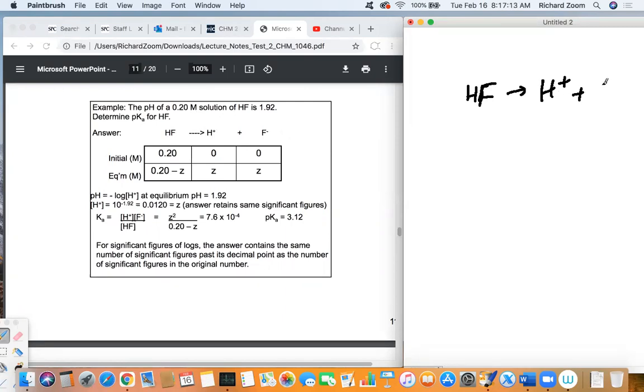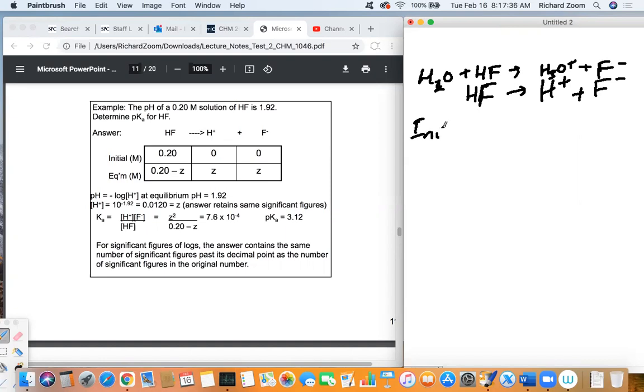But if I'm forming H plus here, then the rest of it has to be F minus. The other way would be this: H2O plus HF gives H3O plus and F minus, and that's going to be the very same thing.